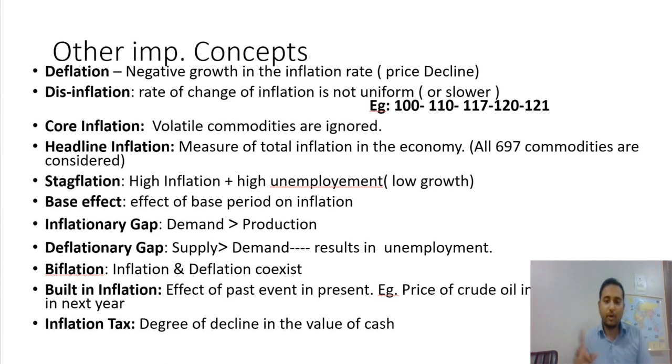And because of these two items, the overall price also increased. While seeing the number, I can see that there is inflation, but actually there is no inflation, only the price of two items are increased. So these two are the volatile items. What we will do? We'll ignore these two items and we'll just measure the core inflation.